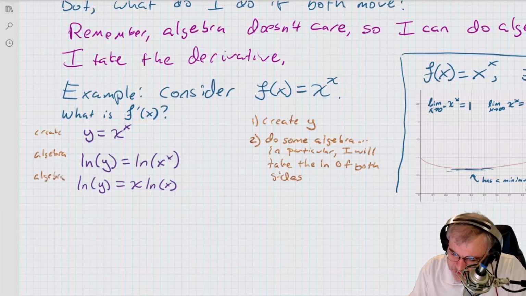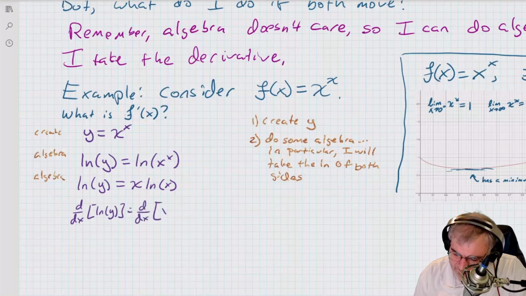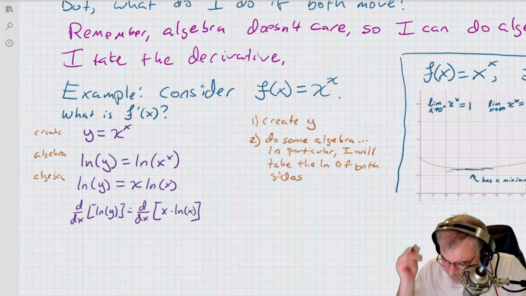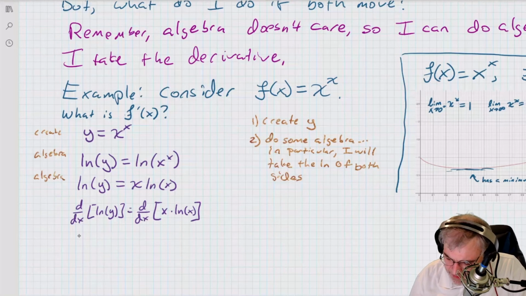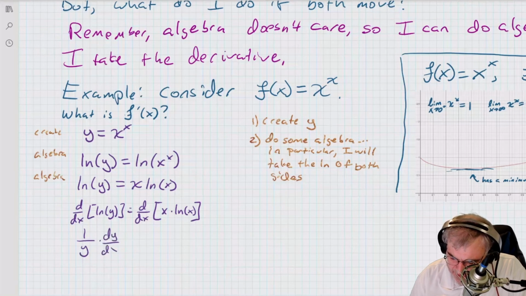Now I'm going to differentiate both sides. And I get d over dx of ln of y equals d over dx of x times ln of x. Here, this is going to be 1 over y times dy over dx. That's the implicit part. I'm changing something here.